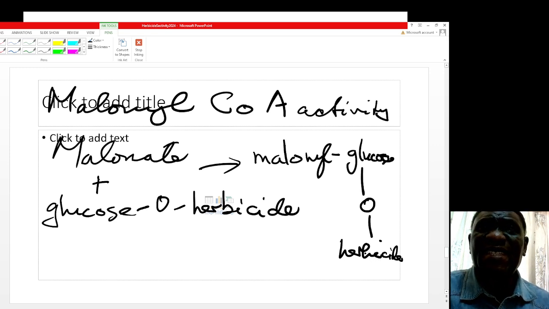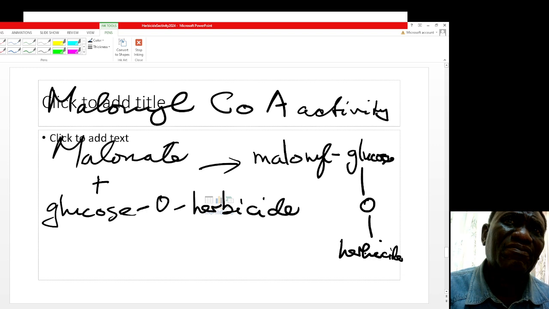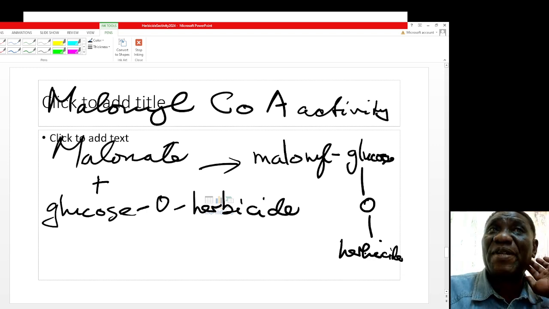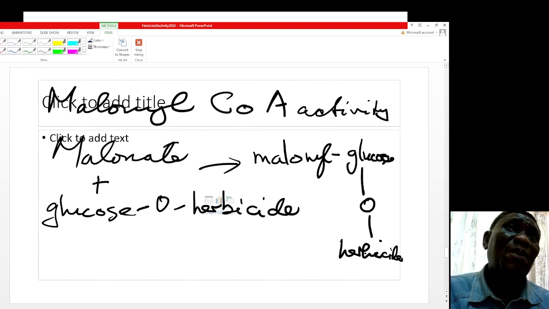So when you have this conjugate, it can become part of the cell wall. It can be incorporated into the cell wall.